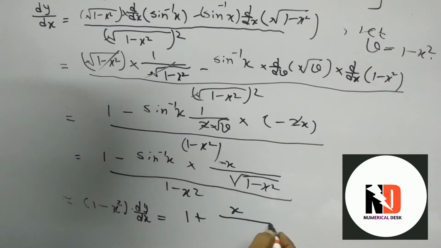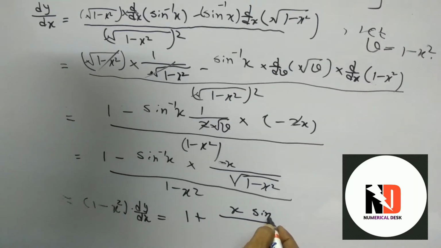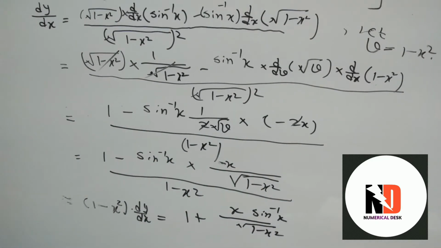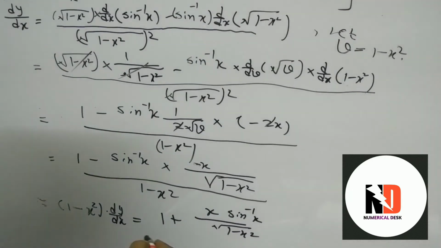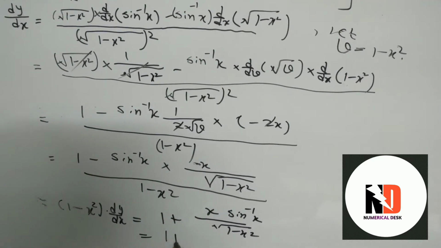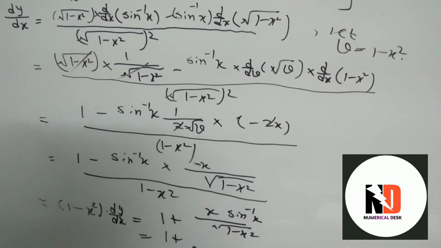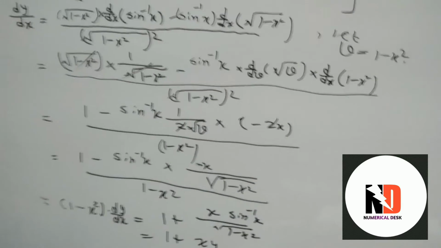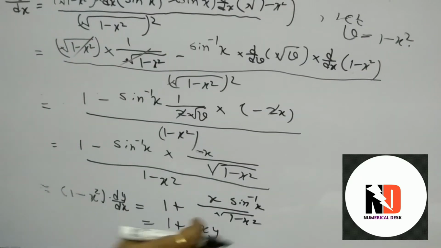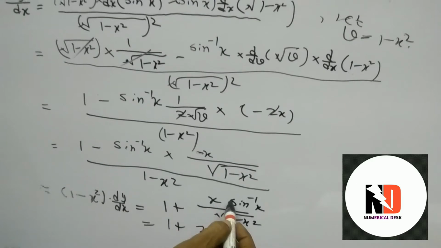Once you practise, it will become very easy anyway. So it becomes minus minus plus, arranging the sum: x sin inverse x, because minus x there is minus, so it becomes plus in the main line, and 1 minus x square. So the sum is almost in hand. Now 1 plus, this part is actually x, and the second part sin inverse x by root over 1 minus x square, this is y, the second part apart from the x.